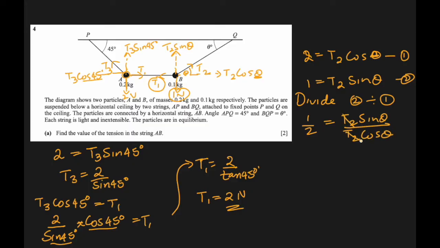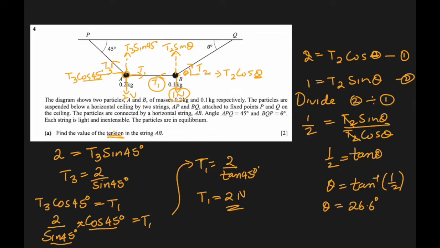T2 cancels, so tan theta, since sine over cos is tan. Tan theta equals half. That means theta is tan inverse half, which comes out to be 26.565. So I'll write it as 26.6 degrees.